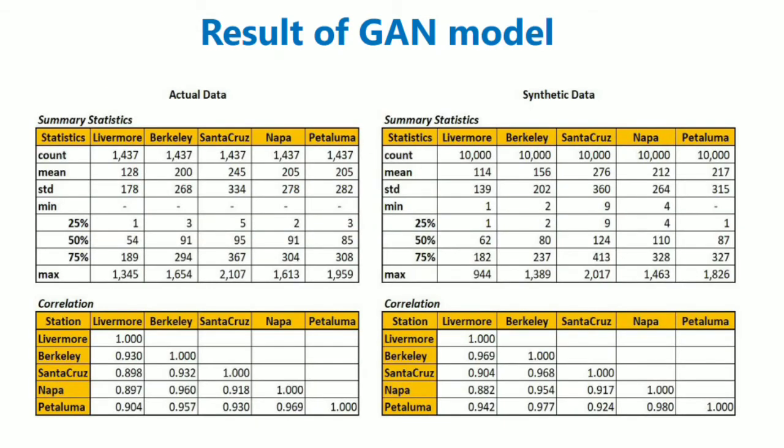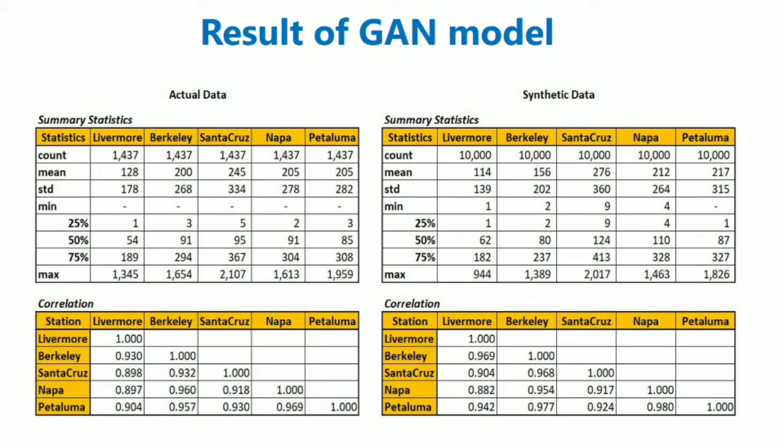Here the left part is the actual data and the second is synthetic, that means predicted by the model. Here you can see that the mean and standard deviation are almost the same for all the cities in both cases. Now talking about the correlation between the cities, in the lower half you can see that the correlation is almost the same for actual data and synthetic data, but there is only one difference, for the Santa Cruz station, where in the synthetic data the value is slightly higher, and the rest of every part is almost the same.